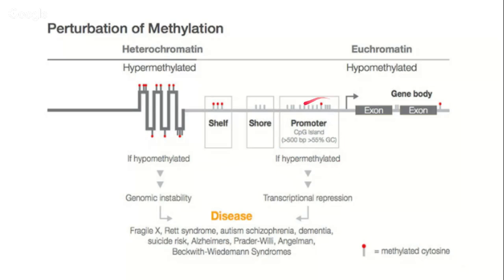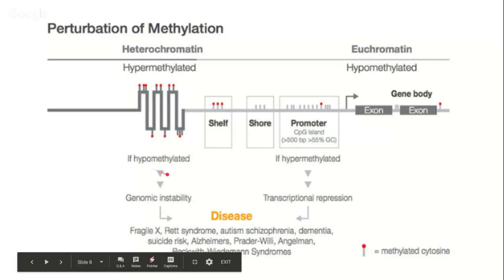Next to this island of concentrated CpGs, there's what's called the shore. Next to the shore is the shelf. And there can also be hypomethylation of these regions. And then outside of these genes and promoter regions, there's the heterochromatic part of the genome that can also be hypermethylated.